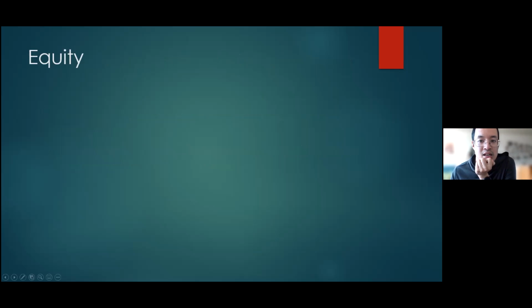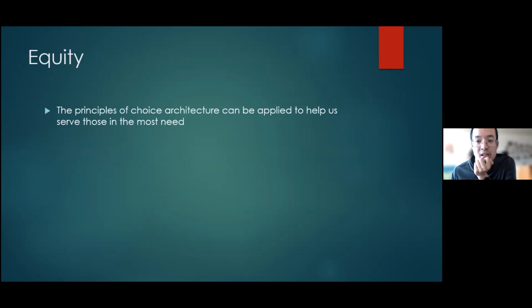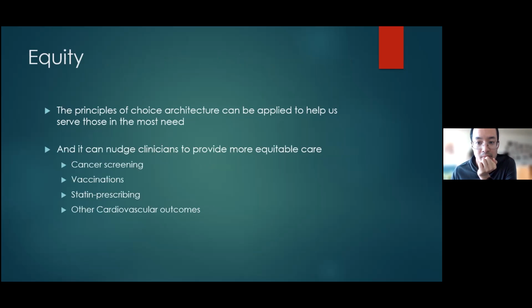And I think the best way of thinking about it is in terms of equity. The principles of choice architecture can be applied to help those in most need. And we can nudge both clinicians and patients, whether it be cancer screening, vaccinations, medication prescriptions, things like that.